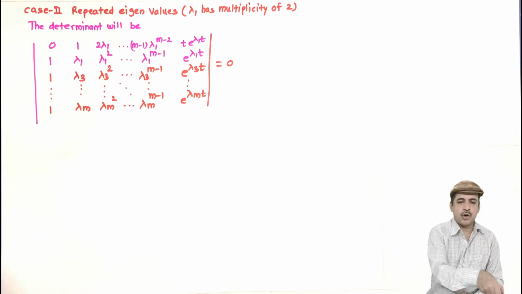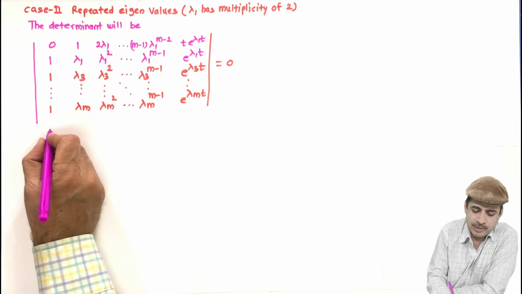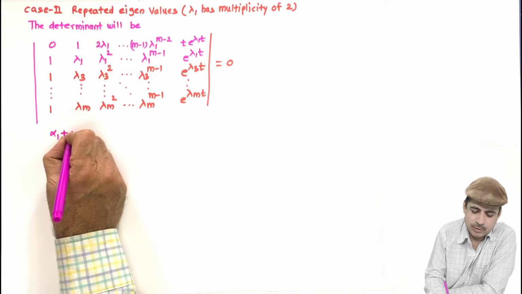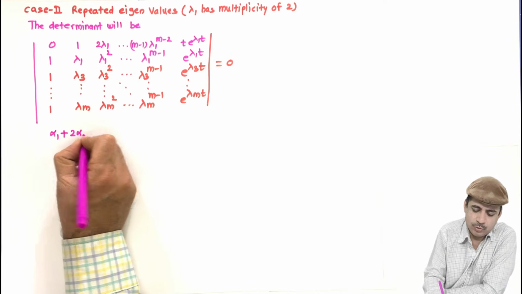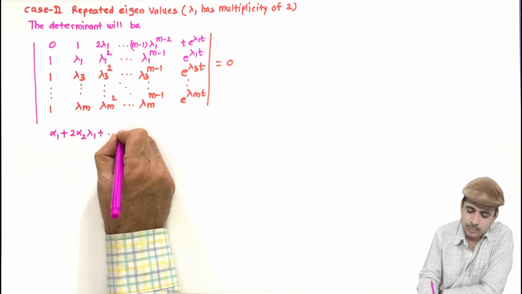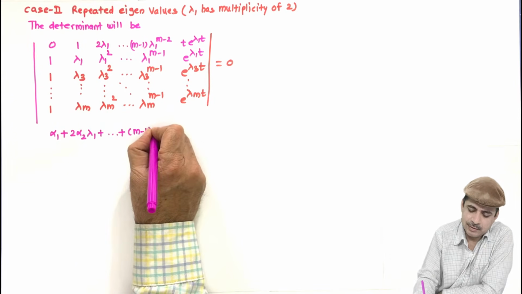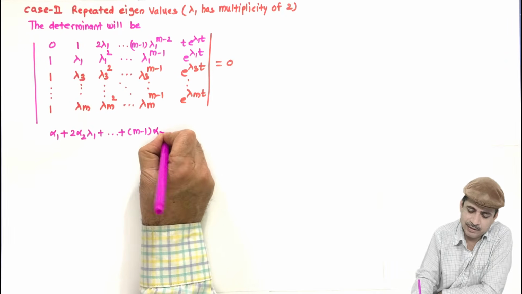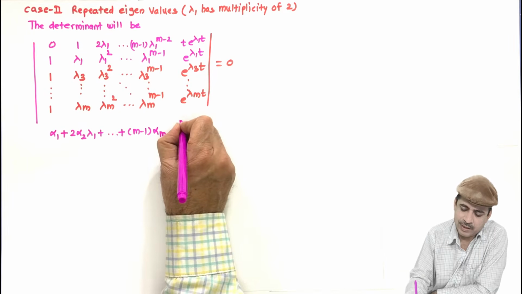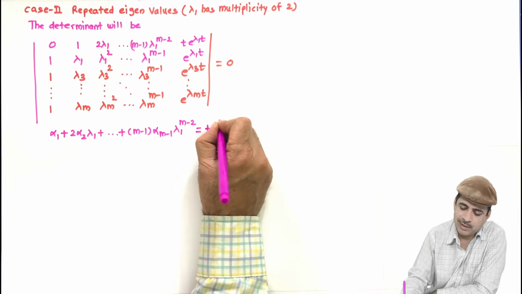And then the equations formed will be now here alpha 0 into 0. So first equation will be alpha 1 into 1 plus 2 alpha 2 into lambda 1, so on up to m minus 1 alpha m minus 1 lambda 1 raised to m minus 2, and that will be equal to t e raised to lambda 1 t.